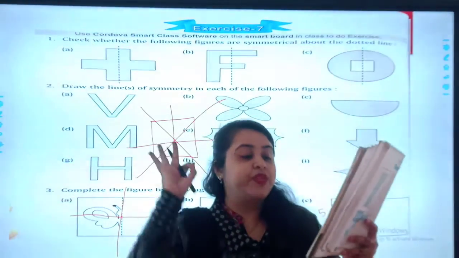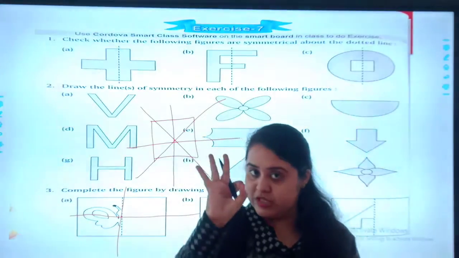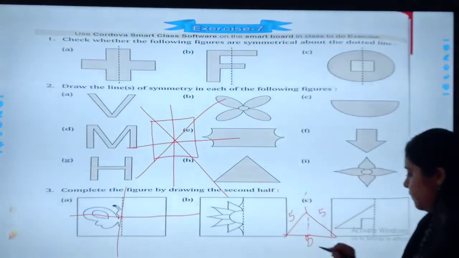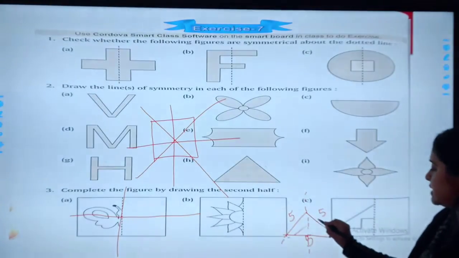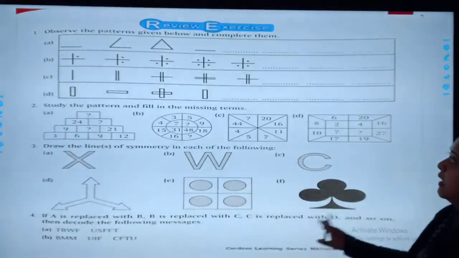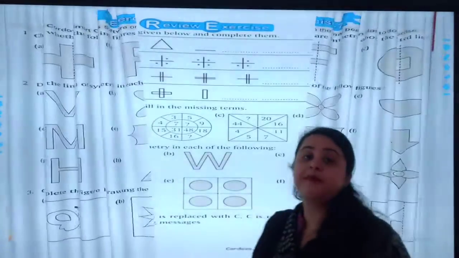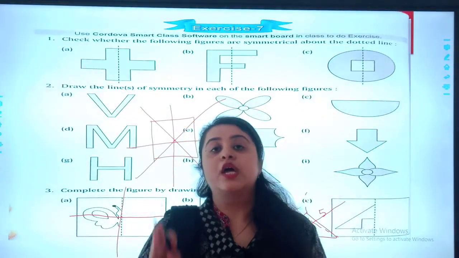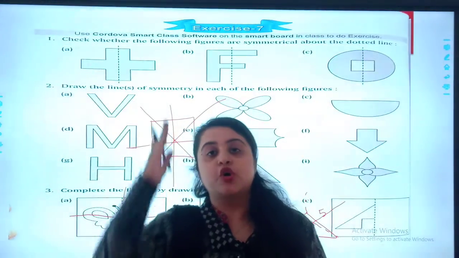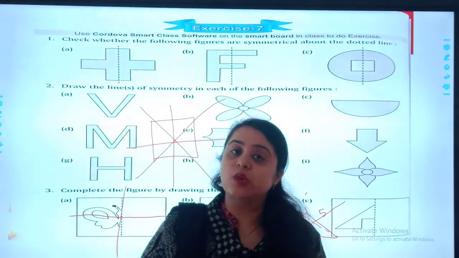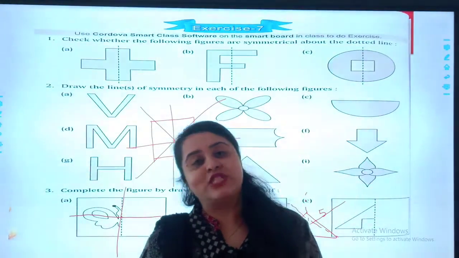Of that, there are 3 lines of symmetry. This will be the first line. This will be the second line. And this could be the third line. That means कि आप कोई भी figure को equally distribute कर सकते हो. That is known as symmetry. और जिस line से आप distribute करते हो, that line is known as line of symmetry.